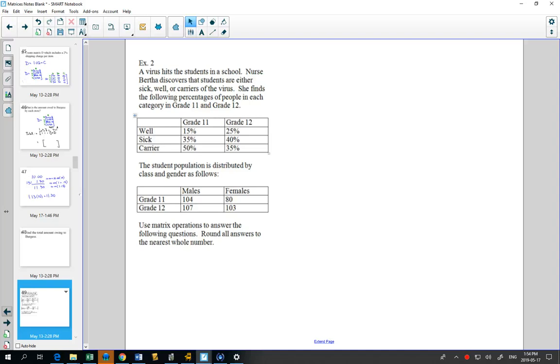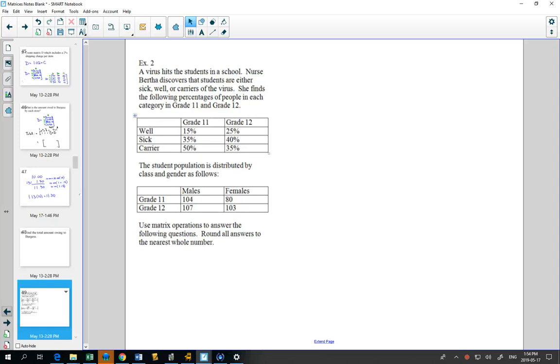And she calculates all these percentages, because that's what Nurse Bertha does, for the grade 11 and 12 students. She finds out that only 15% of the grade 11 students are well, 35% are sick, but 50% of them are carrying the virus, ready to spread it to somebody else. The grade 12s haven't been hit as hard yet, but things aren't looking good.